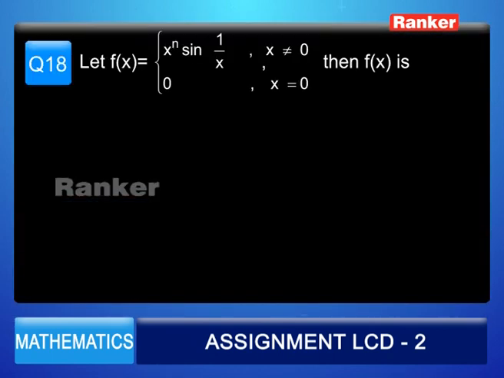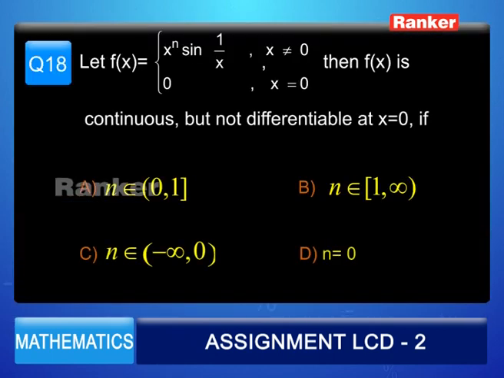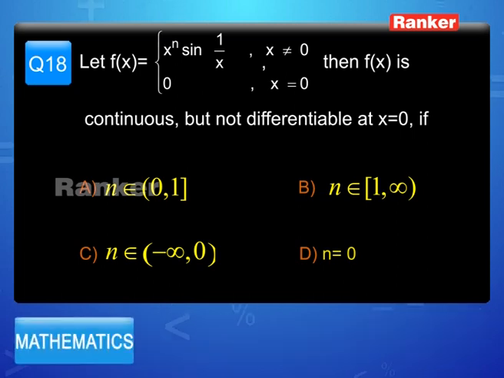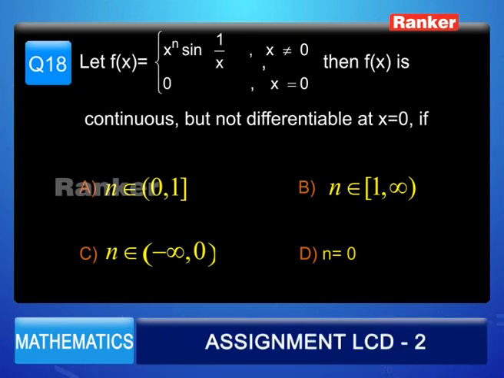Next question. Let f of x be equal to x power n sin 1 by x if x is not equal to 0, and 0 when x is equal to 0. Then f of x is continuous but not differentiable at x equal to 0 if option A, n belongs to open interval 0 to 1, option B, n belongs to closed interval 1 to infinity, option C, n belongs to minus infinity to 0, and option D, n equal to 0.